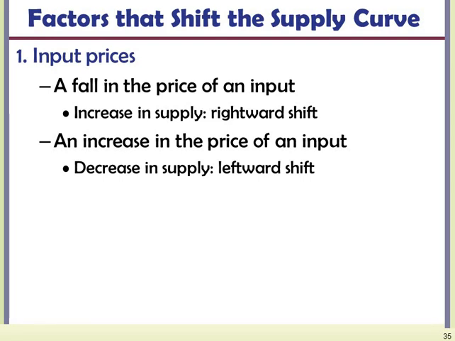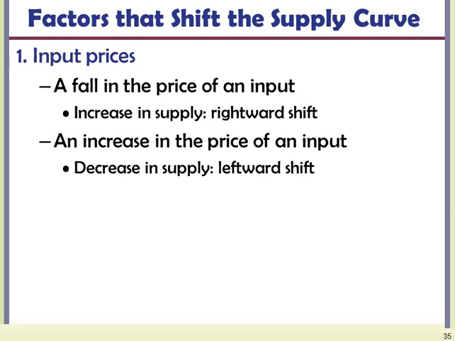Whatever total na na-produce mo, that is what we call supply. But if the input prices are fair enough for your raw materials, mas marami kang magagawa, kaya mas marami kang pwedeng ma-supply.